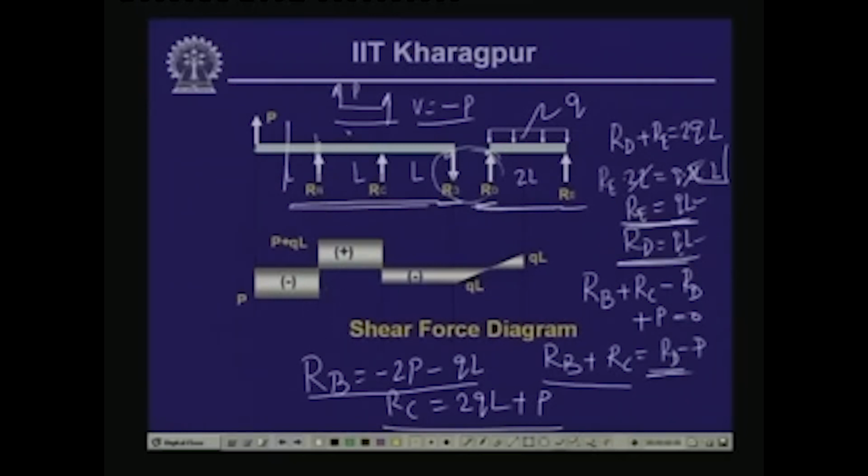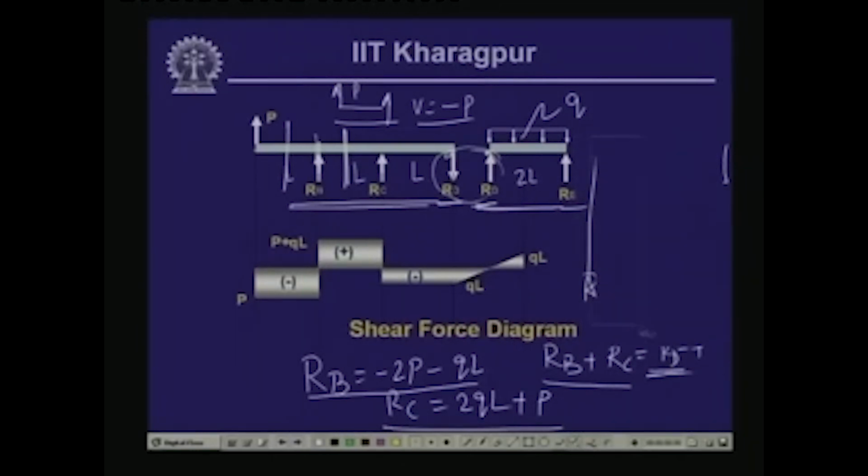Now, at this particular point, if you take the free body, we have the force which is acting over there, which is P, and we have the reactive force RB. So, we have P, we have RB, and we have V here. So, V plus P plus RB is equal to 0.